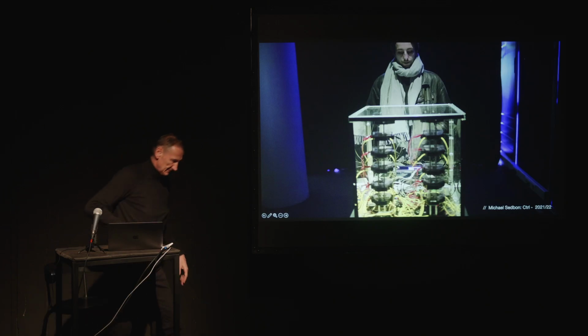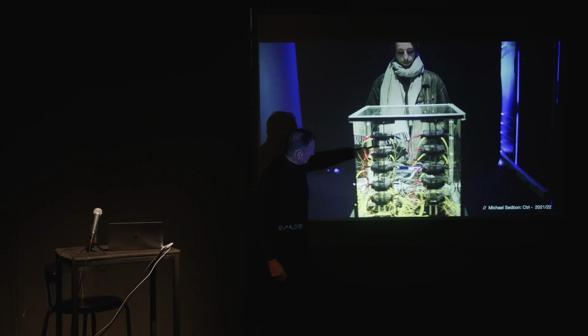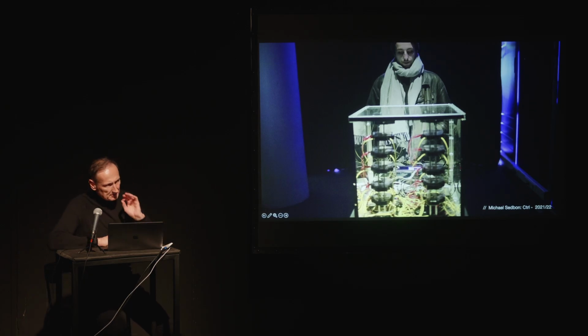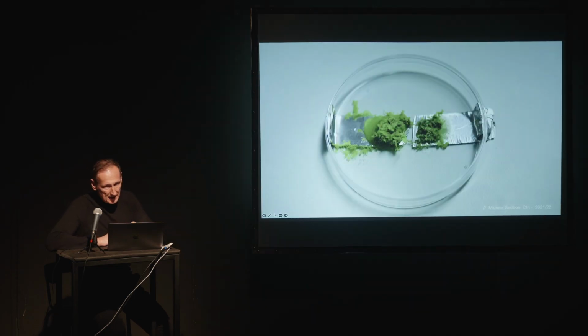So we see here paper dishes in a stack, and these petri dishes were stimulated by lights, creating contact when the slime mold was touching each other on the electrode. And slime mold, as we know, is growing really fast, like 10 centimeters per day, chasing some kind of starch that is food.